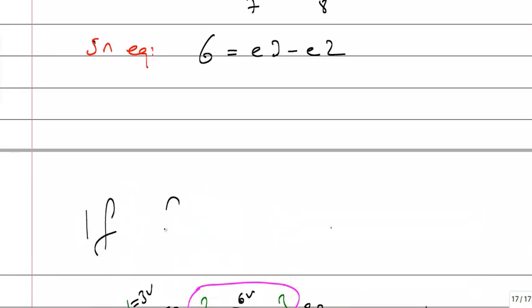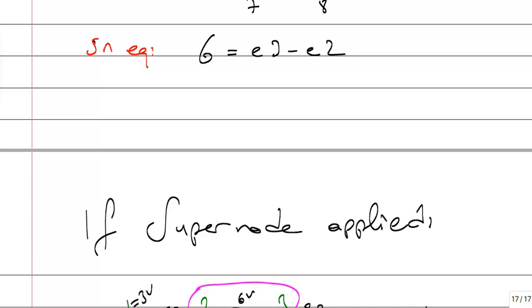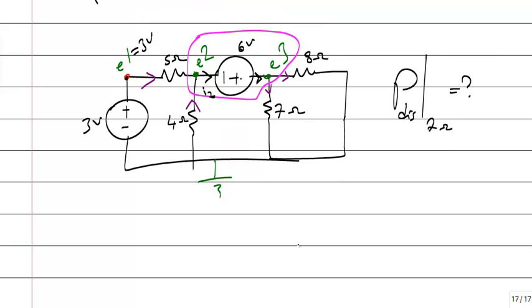If supernode applied, you will write only one equation. Entering current to the supernode. Okay, this is the supernode. Okay, a supernode is the combination of two nodes including one voltage source.